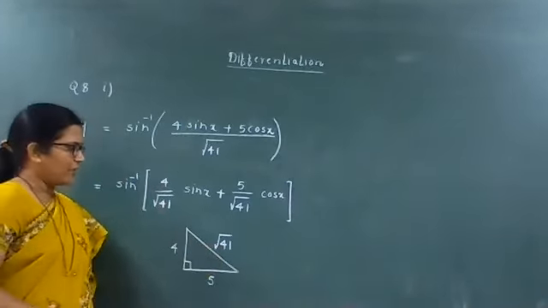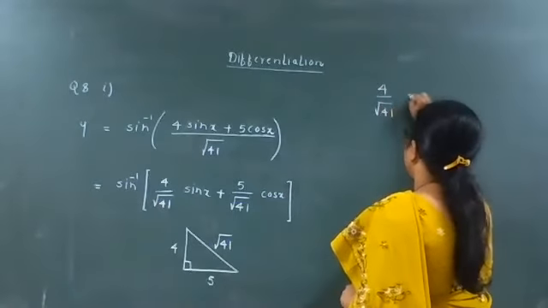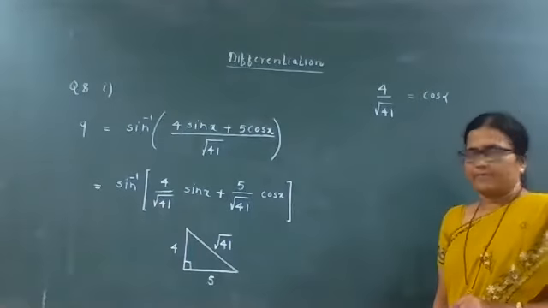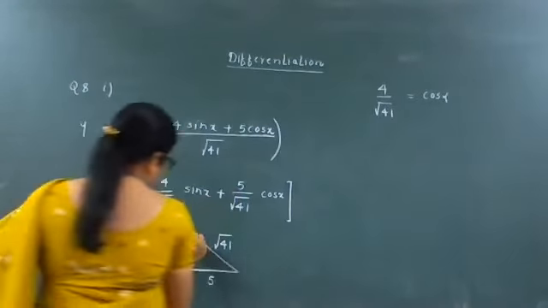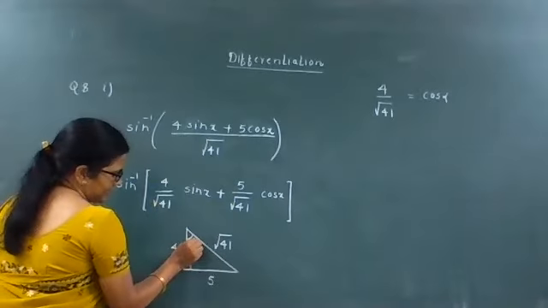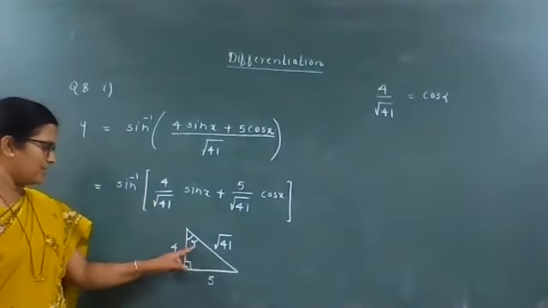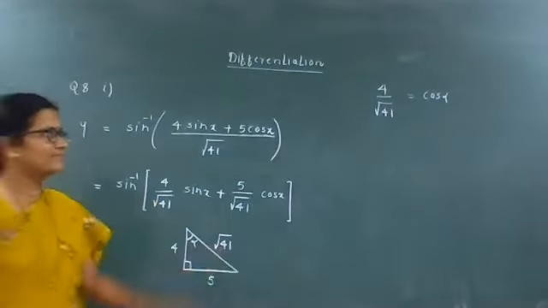So 4 upon root 41, you take it as cos alpha. So we have to show alpha here. Adjacent side. Cos alpha in this right angle triangle is adjacent side upon hypotenuse.